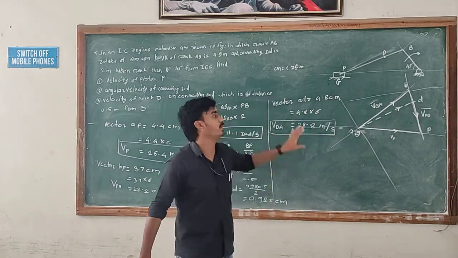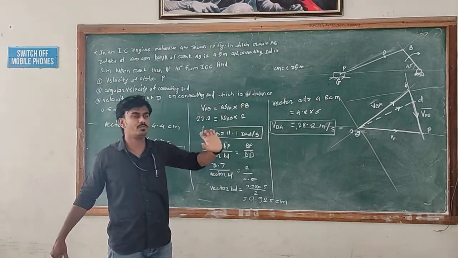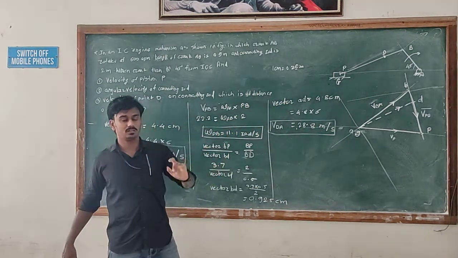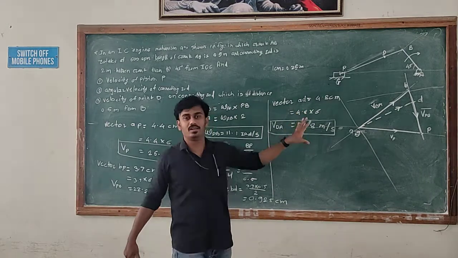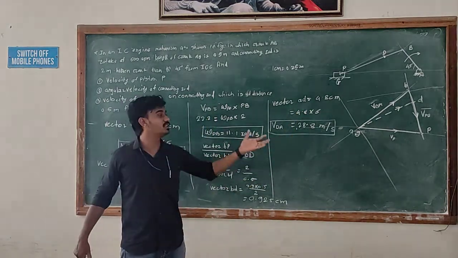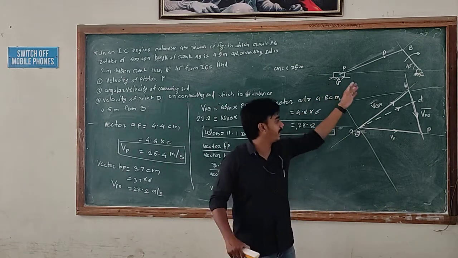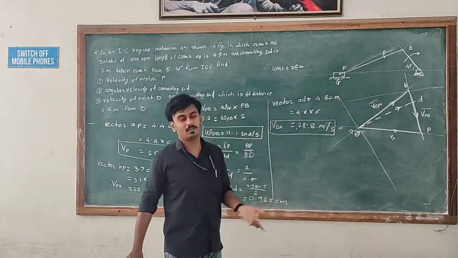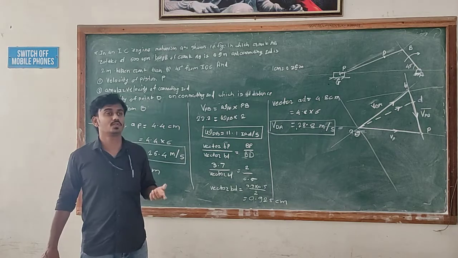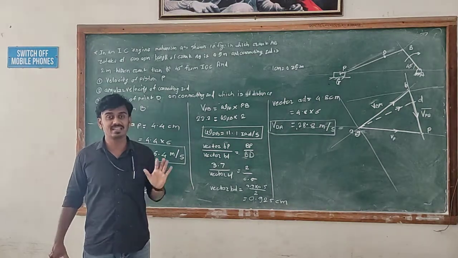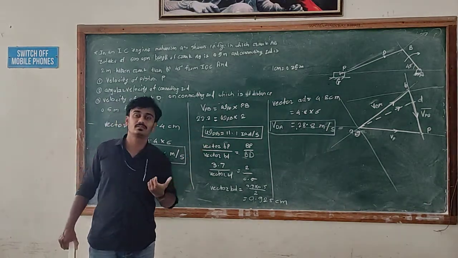But your answer should be close to this value. So while drawing the velocity configuration diagram and velocity diagram, make a proper scale, so you will get all the dimensions clearly and your answer will be correct.